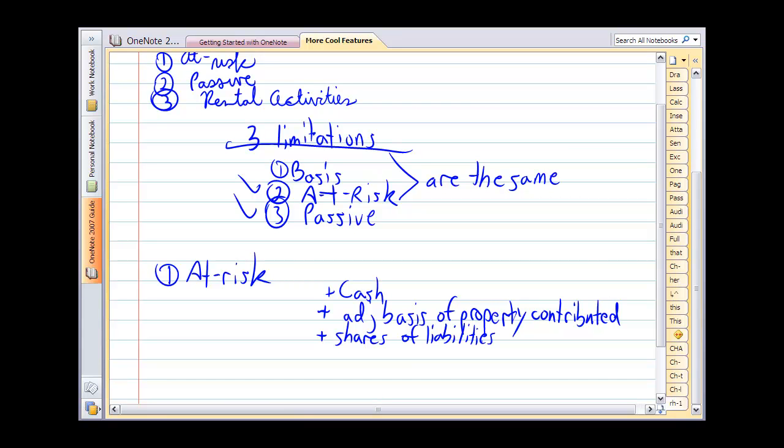Okay, so in addition to contributing property, you also take on a share of the debt that is in that entity, or you borrow against your personal liability. So you borrow for the business, and the liability's on you. So that's essentially it.